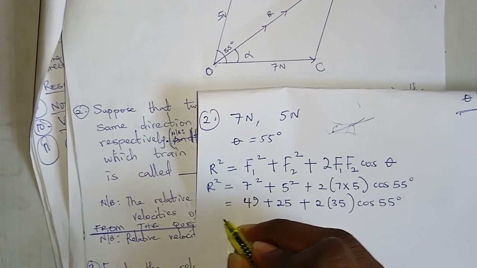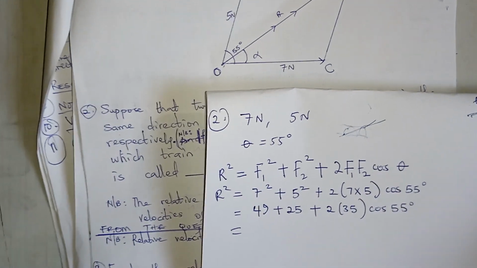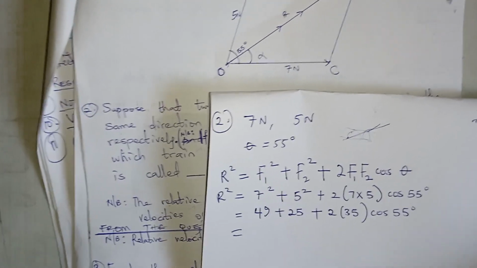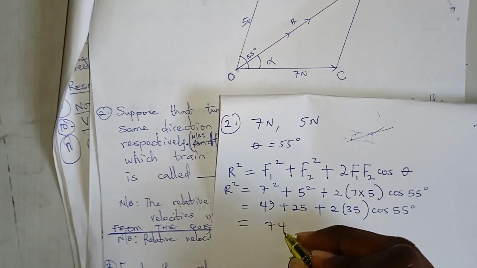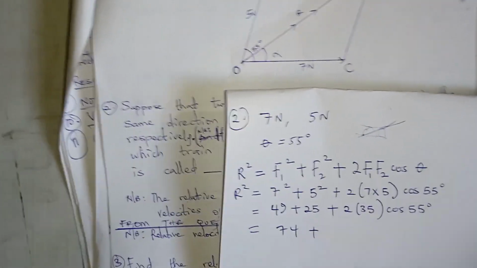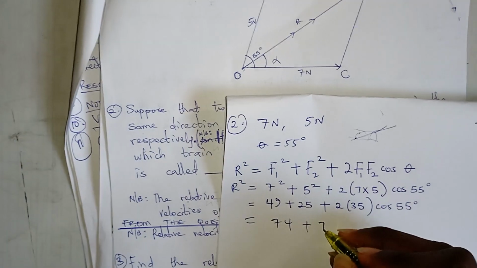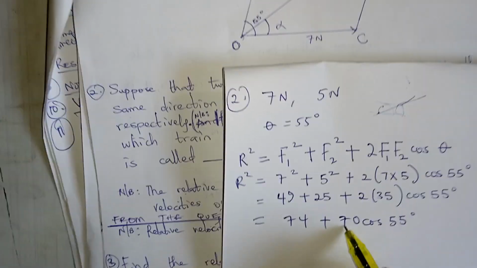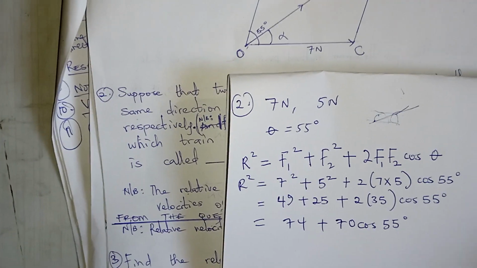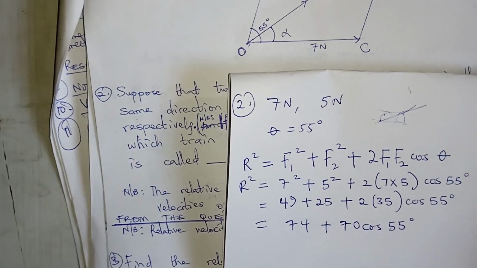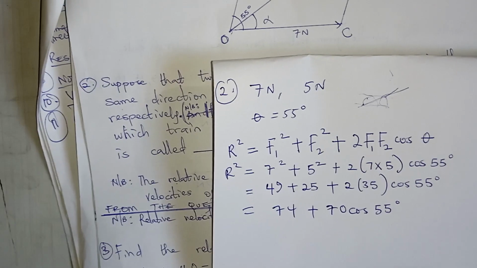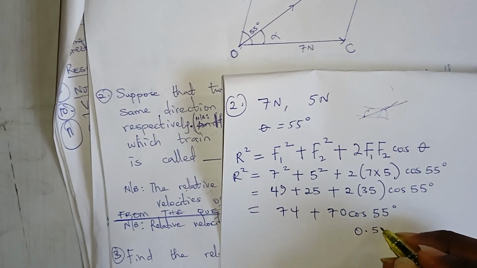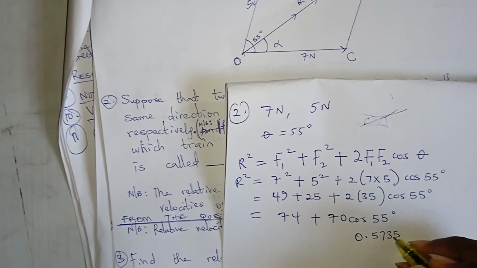So this is the same thing as saying 49 plus 25 is 74, plus 35 times 2 is 70 cos 55. And you remember BODMAS, you must do multiplication before adding up. So I have cos 55. Let's look for cos 55. Cos 55 degrees is the same thing as 0.5735.